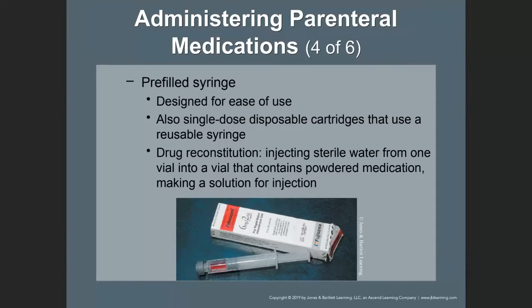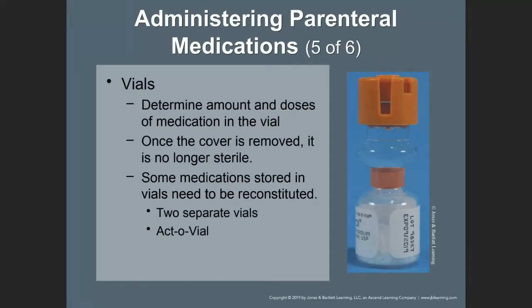Drug reconstitution: injecting sterile water from one vial into a vial that contains powdered medication, making a solution for injection. That's how glucagon is administered, so you have to mix glucagon before you administer it. Vials determine the amount and doses of medication in the vial.